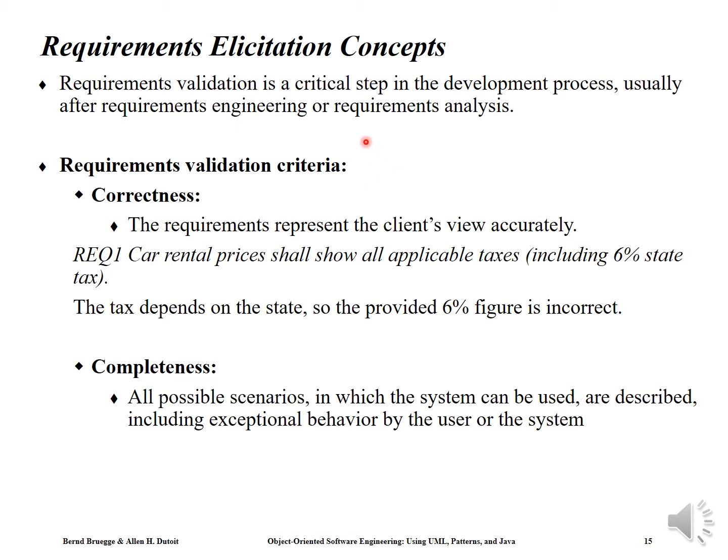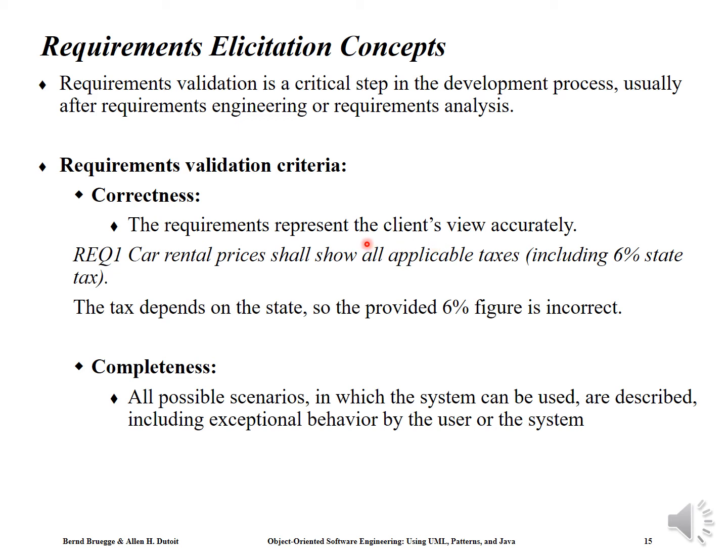Requirement validation criteria include correctness. Correctness is whether the requirement represents accurately the system that the client needs and the developer intends to build.